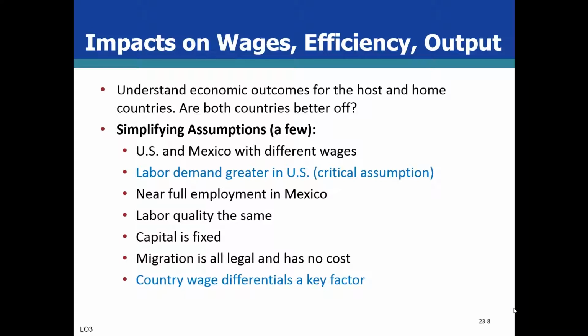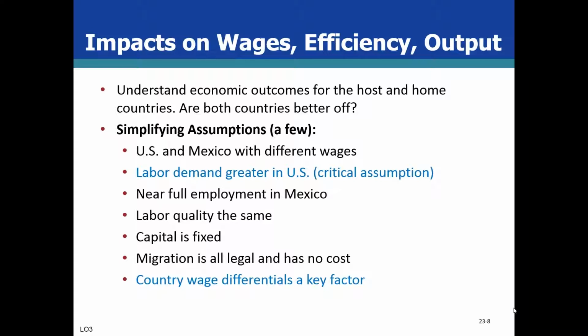Other assumptions? We're going to assume that there's near or full employment in Mexico. We're going to also assume that the quality of the labor between the two markets is the same, meaning there's no deterioration in the skill sets. So we're going to make a simplifying assumption that skill transferability is there and that the labor quality is the same.